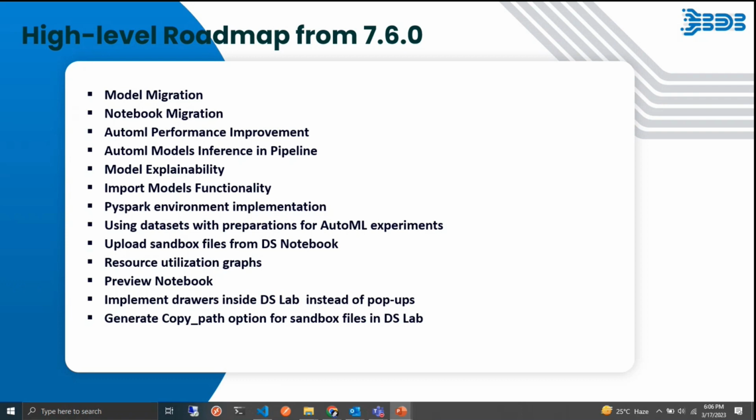Then we have implemented some UI enhancements, like implementing drawers inside of DS Lab instead of pop-ups to give it a more user-friendly look. And then we have also come up with the generate copy path option for sandbox files in DS Lab.